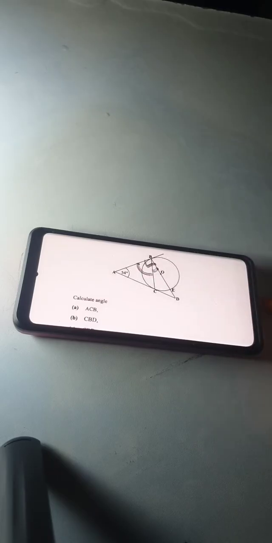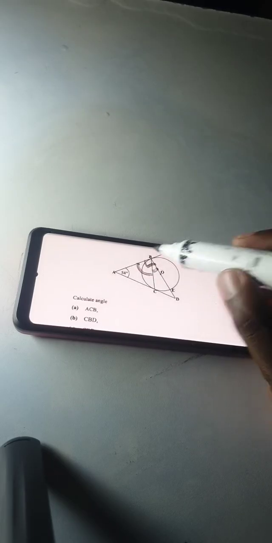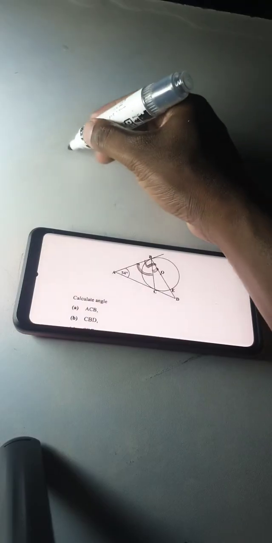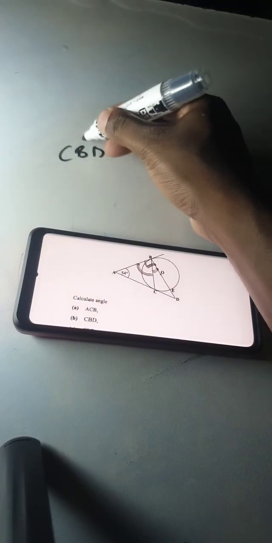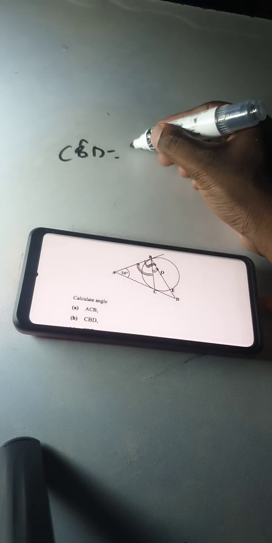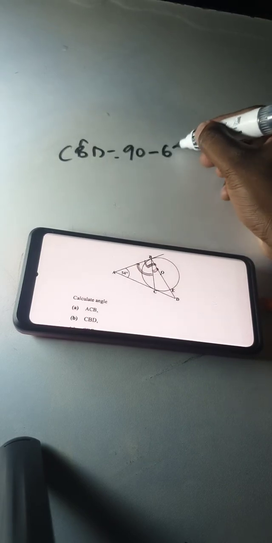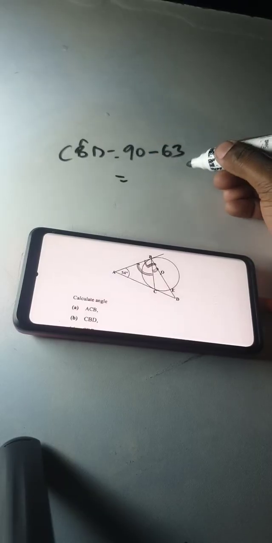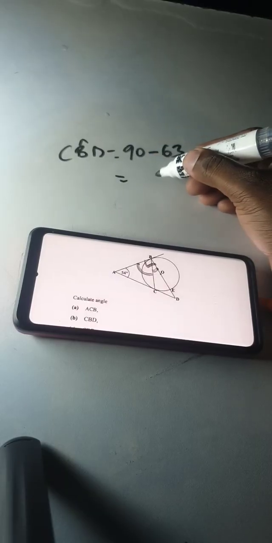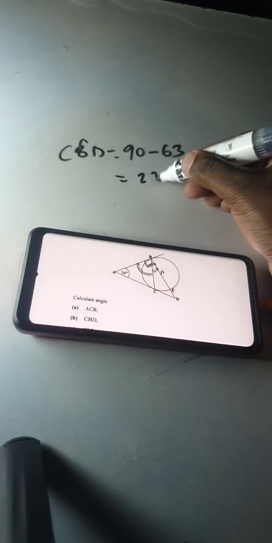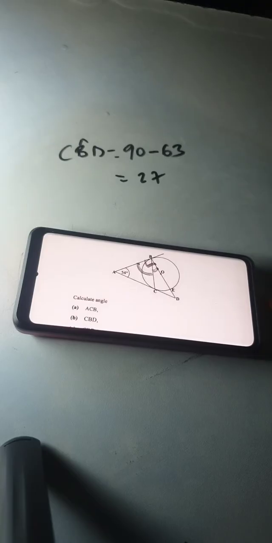We have just found that this angle right here is 63. So to find CBD, we simply say 90 minus 63. What are we going to get? It's 27, right? Yes, 27. So this angle here is 27 degrees.